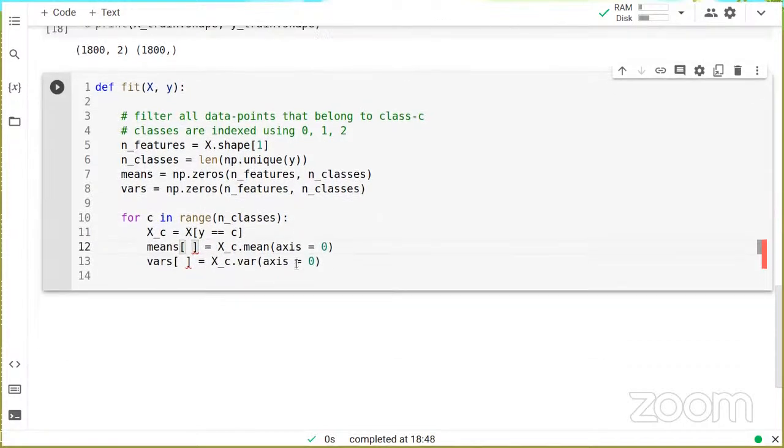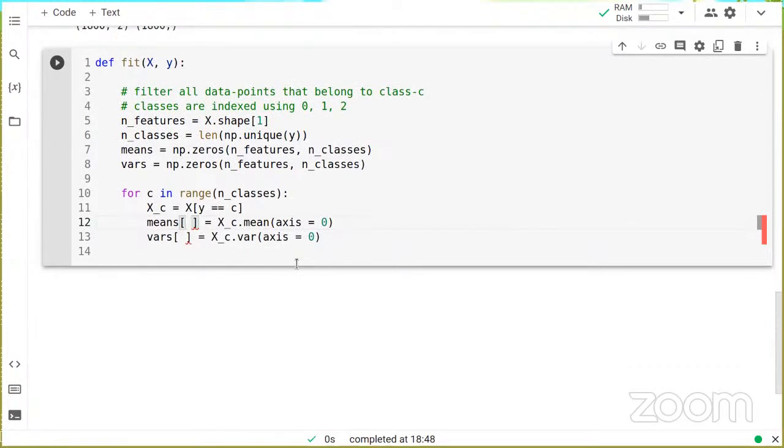This is the mean for what? For class C. Correct. So what is the correct syntax that I should be using here? Colon comma C, right? I think that is correct. So here also it is colon comma C.